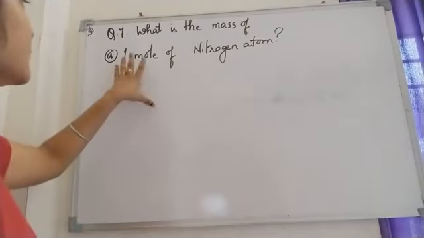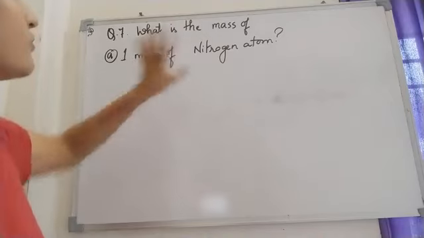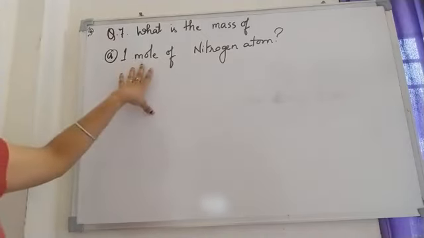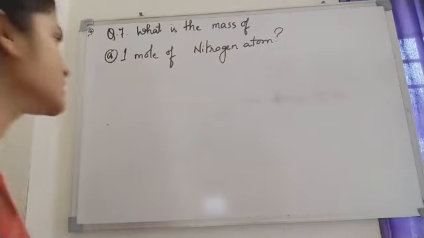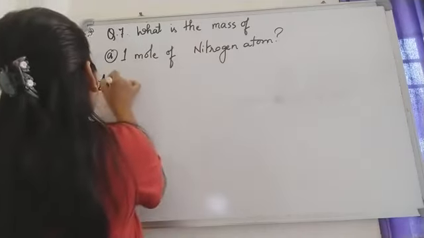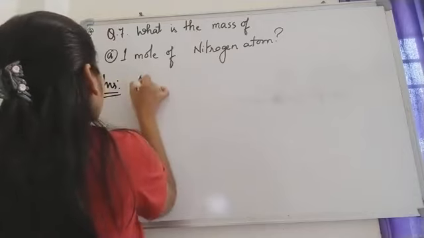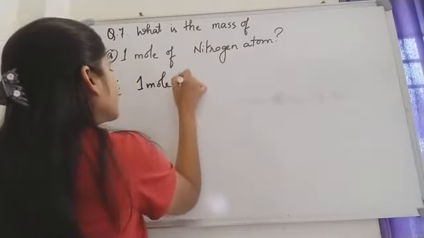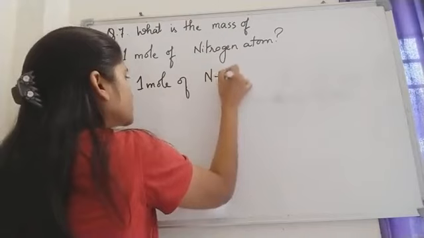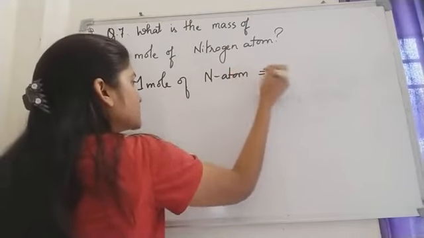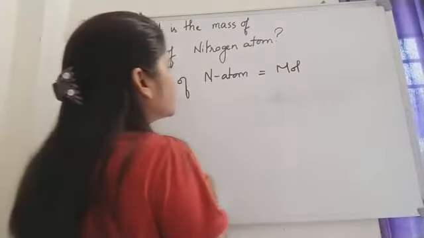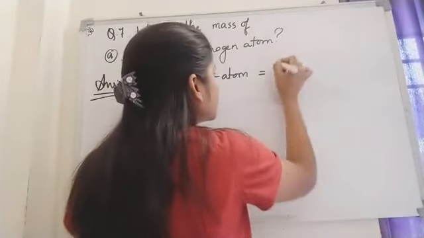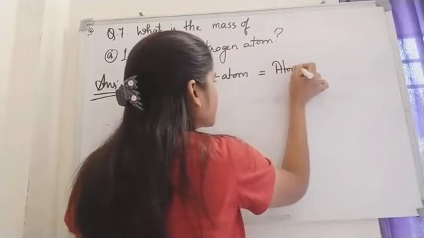Now once we know this, it's easy. What they are asking, what is the mass of 1 mole of nitrogen atom? They are asking for 1 mole. And we know 1 mole of anything is equal to its molecular mass. So over here your answer will be 1 mole of nitrogen atom is equal to its atomic mass.